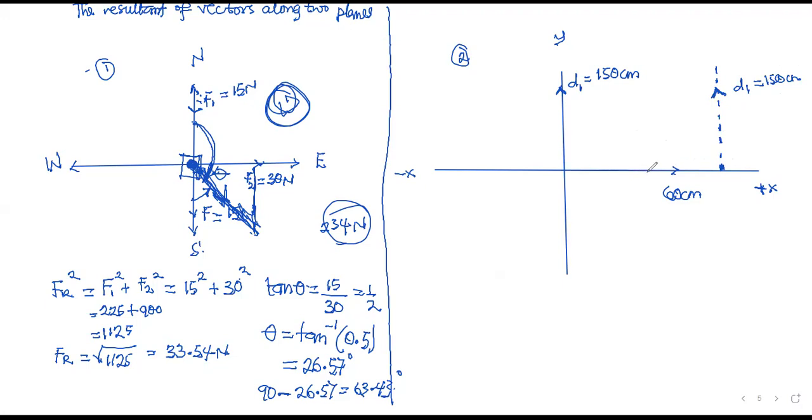If D2 is moving due east and D1 is moving due north, then the resultant will be drawing a vector from the tail of D2 to the head of D1.